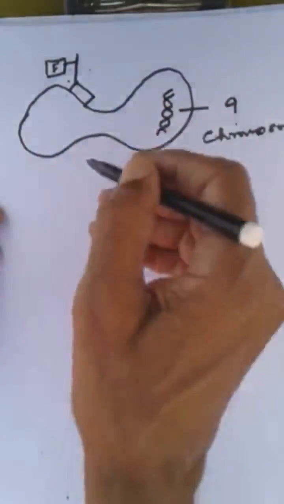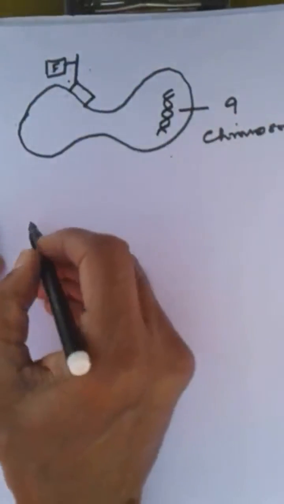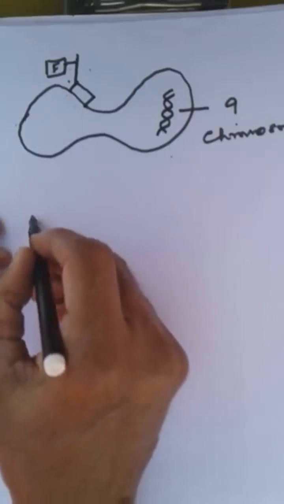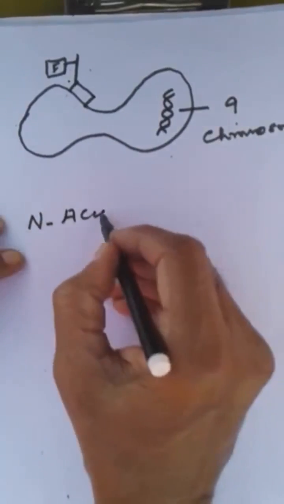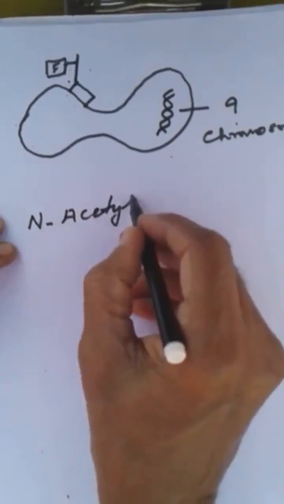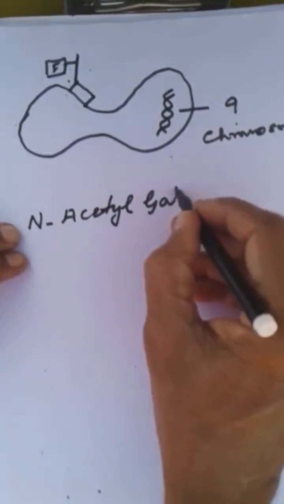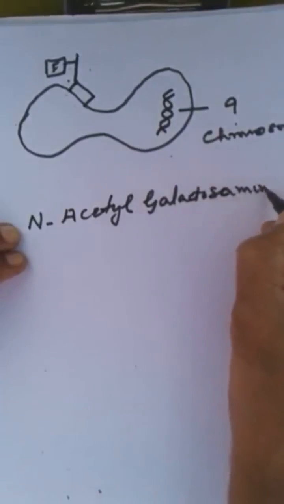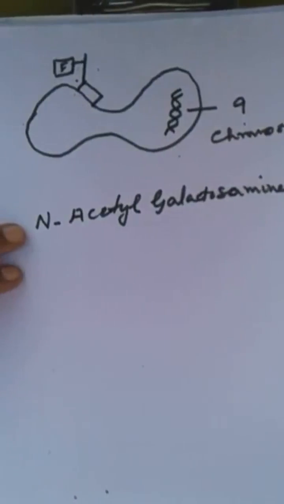There are two more substances here. Number 1 is N-acetyl galactosamine.